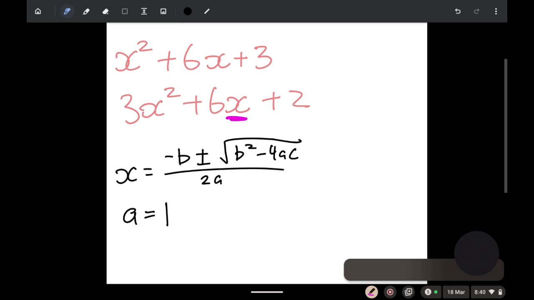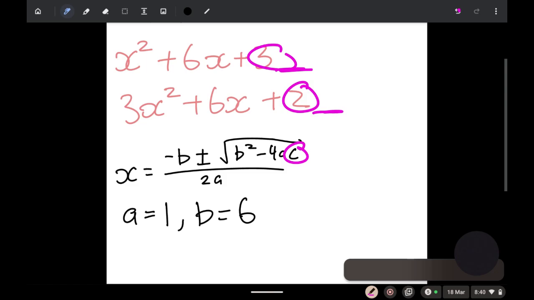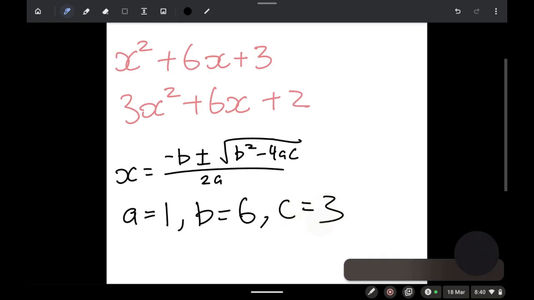So let's say coefficient of x alone, so it means the number before, and that would be 6. So we write here, comma, B equals to 6. Then C over here is the remaining number, the one without the letter. As you can see, got no x or y or whatever, so it will be 3 in this case because we're using the first example. So C equals to 3.